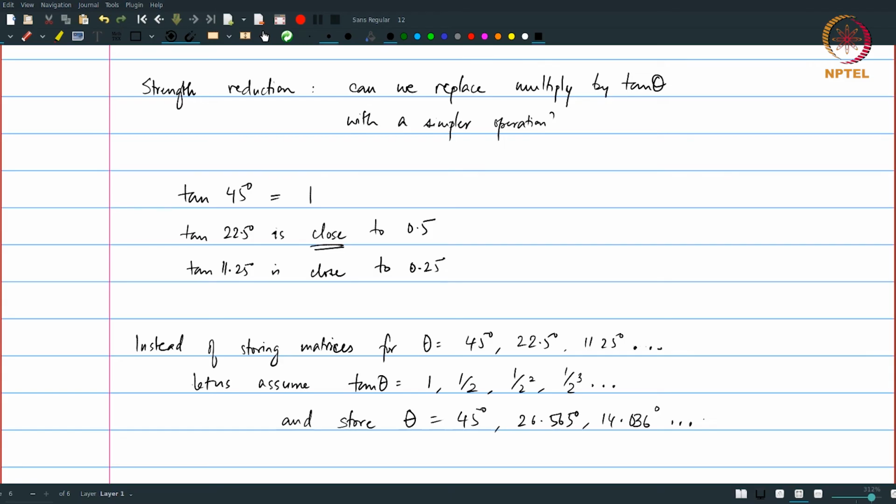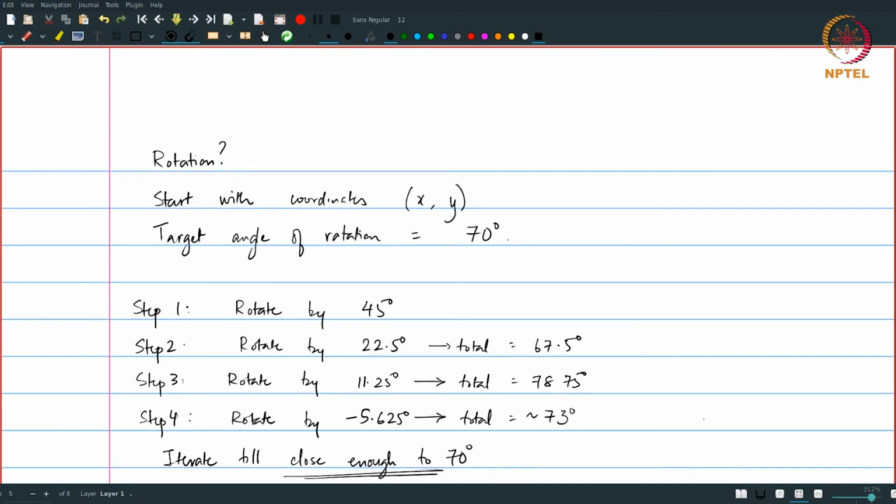That in the rotations that I described over here, I would still say, fine, rotate by 45 degrees in the first case, but the second time around I would rotate by 26.565 degrees, rotate by 14.03 degrees, and so on, right?